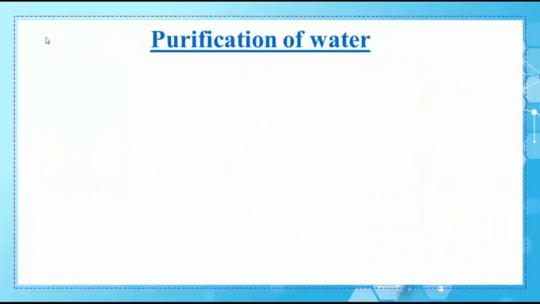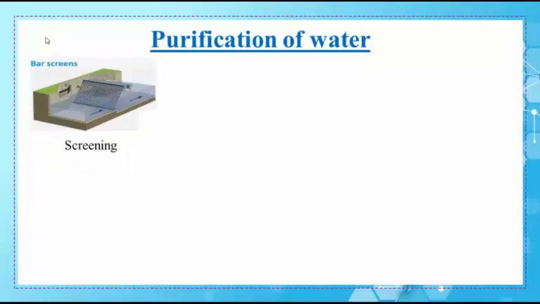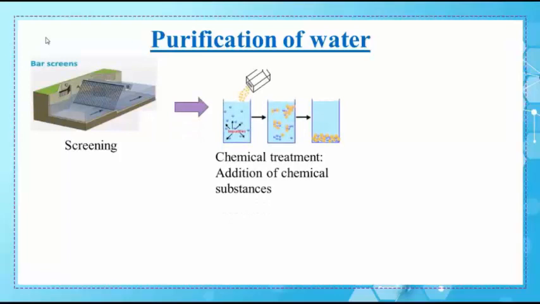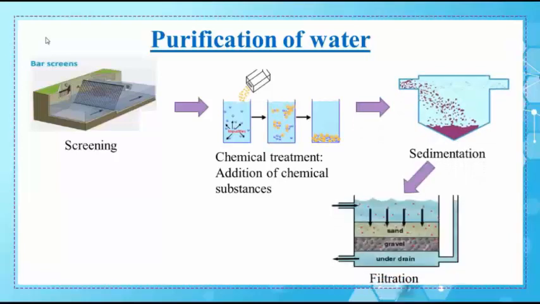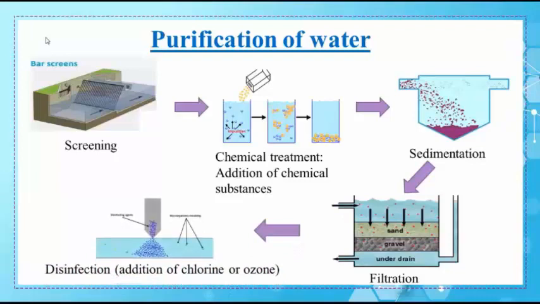So as a summary, the purification of water technique starts with screening, of course after storing in the reservoir, followed by chemical treatment, which is the addition of chemical substances, then sedimentation. After that we have filtration, and finally we have disinfection or chlorination, which is the addition of chlorine or ozone.